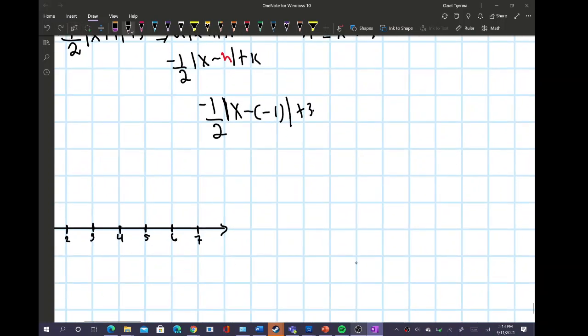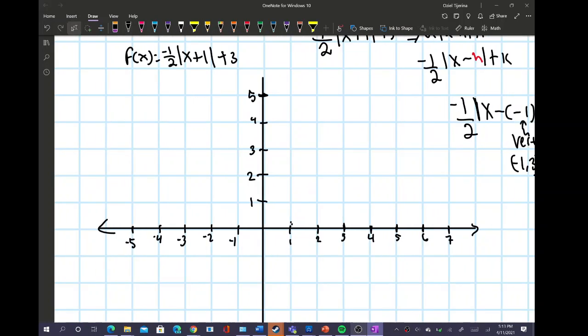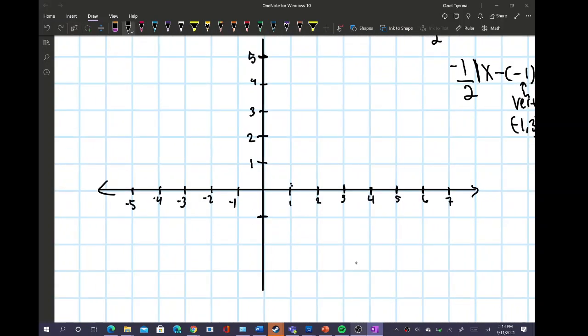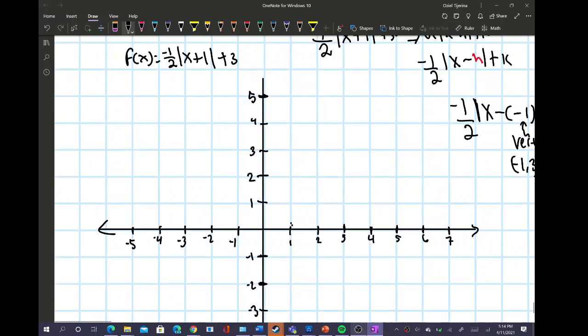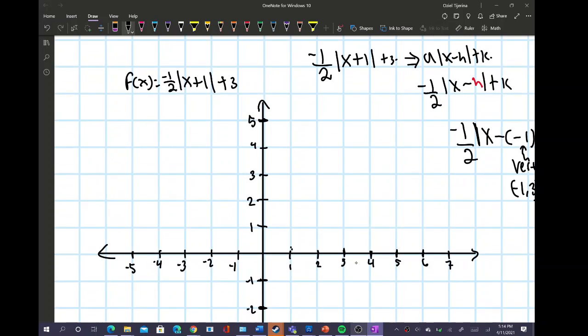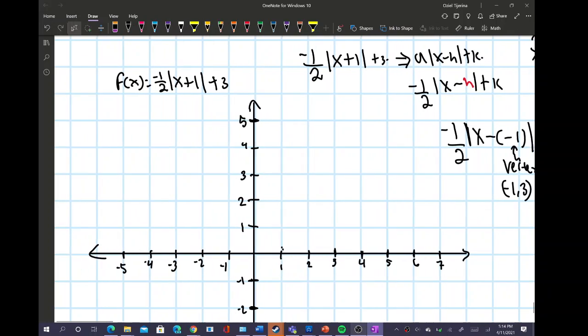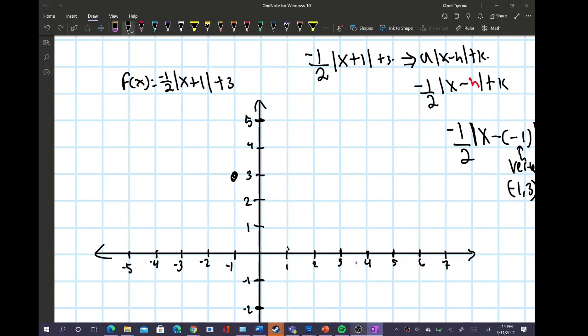So now we have our vertex. This is h, this is k, so our vertex is -1, 3. So we can plot that in our graph. So -1, 3, right?